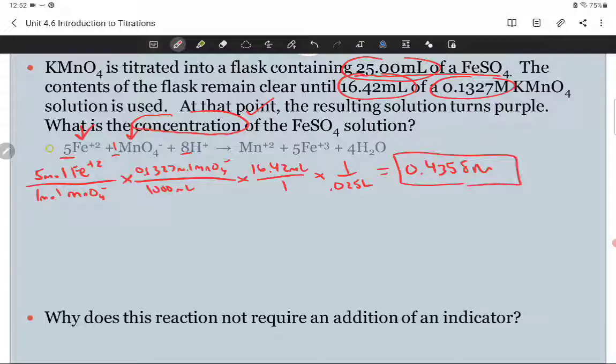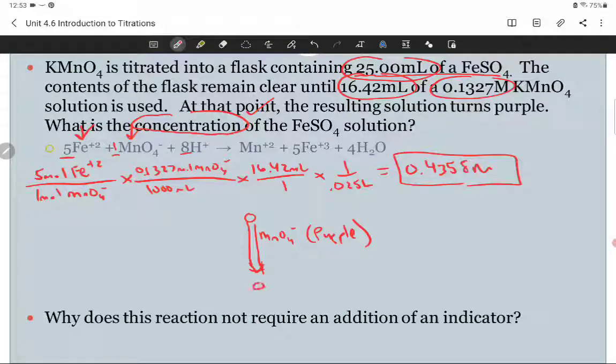Okay. And then you probably are unaware, why does this reaction not require an additional indicator? So I'm going to tell you. So we are dripping in, here's our burette. This has permanganate in it, or potassium permanganate, and that item is purple. So you drip some purple in, it gets neutralized.